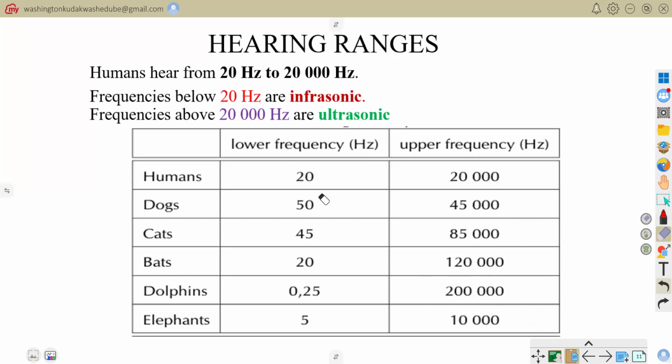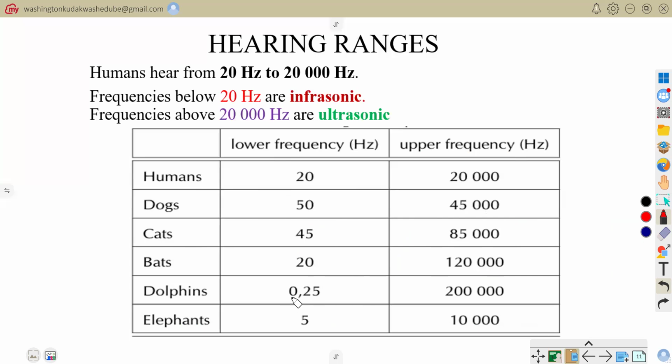So this table shows us different ranges of sound that is tolerated by different types of animals. For humans, our lower frequency is 20 hertz, and our upper frequency is 20,000 hertz. For dogs, we have 50 and 45,000. For cats, it's 45 and 85,000. For birds, it's 20 and 120,000.